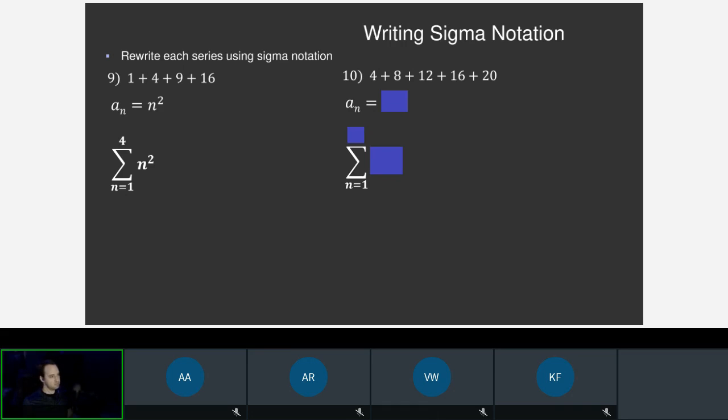Or I could do it how chat's saying. 4 times n is, get my pointer, I always forget. Is 4 times 1, 4? Is 4 times 2, 8? Is 4 times 3, 12? Yes. So a lot of you in chat have figured out the expression for n.